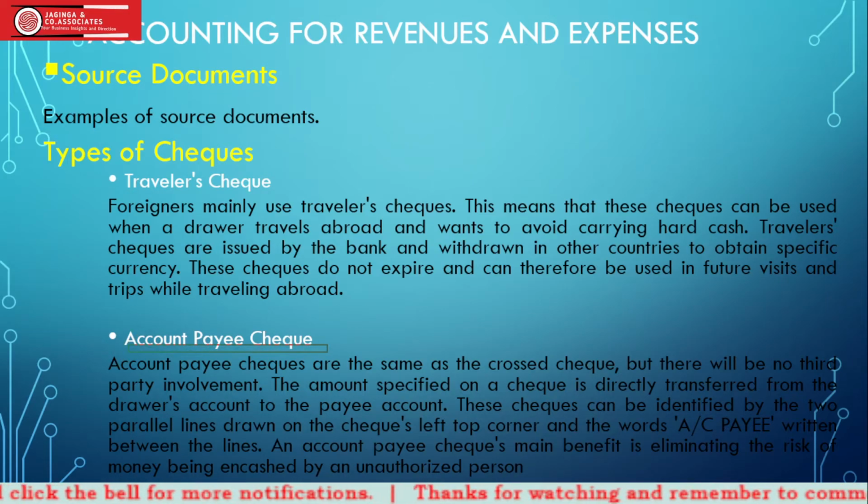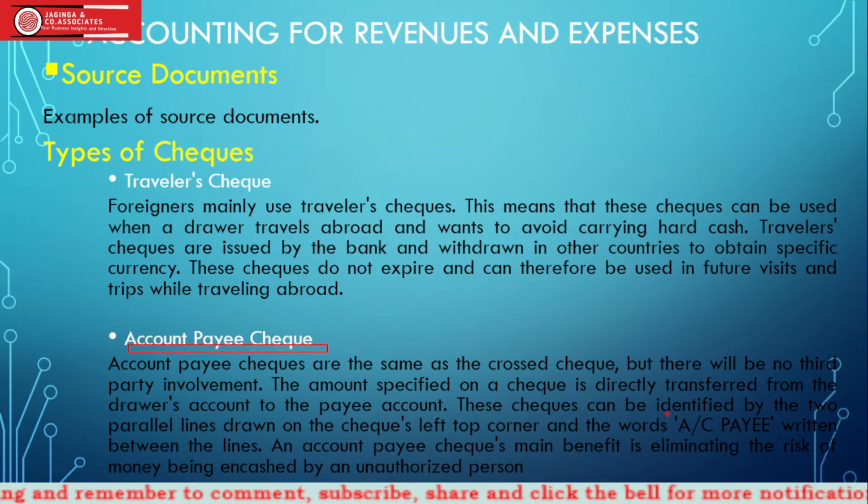This one we also had explained. But here we are saying account payee checks are the same as the cross check, but there will be no third party involved. The amount specified on a check is directly transferred from the drawer's account to the payee account.